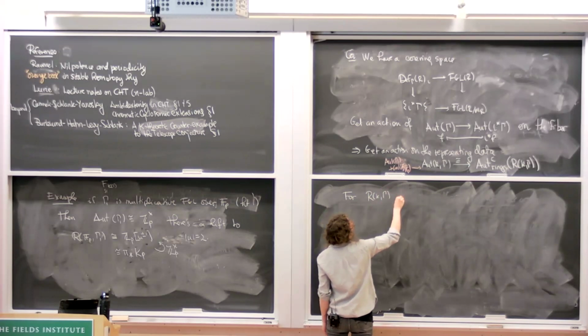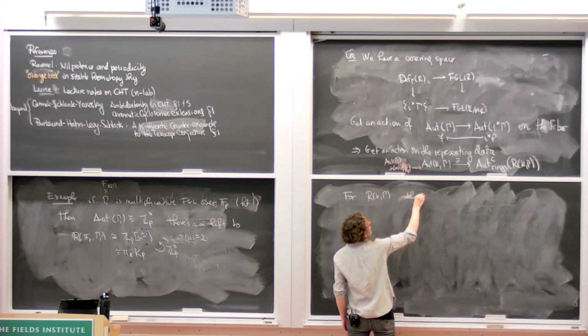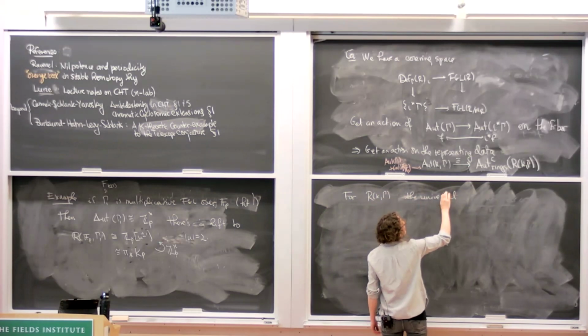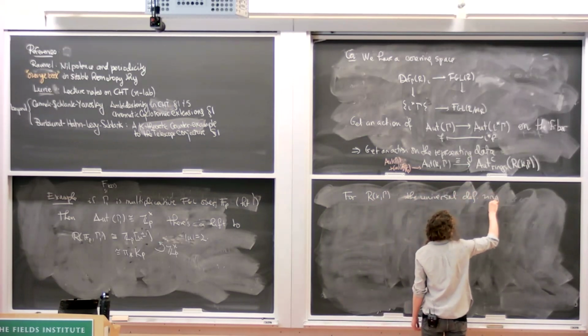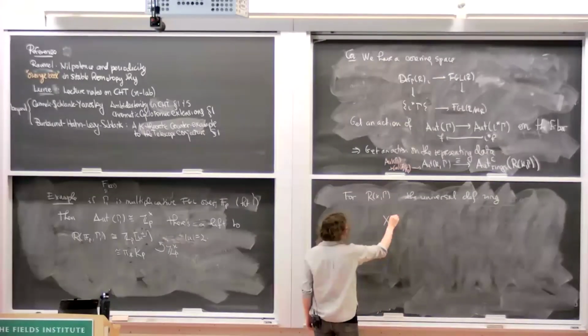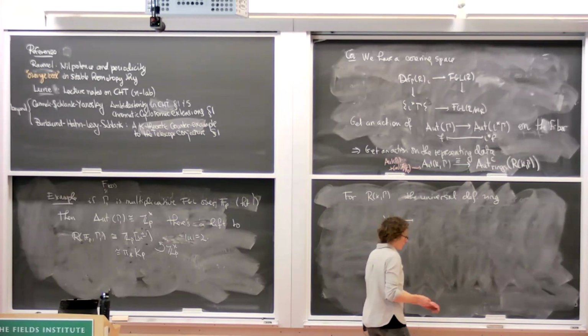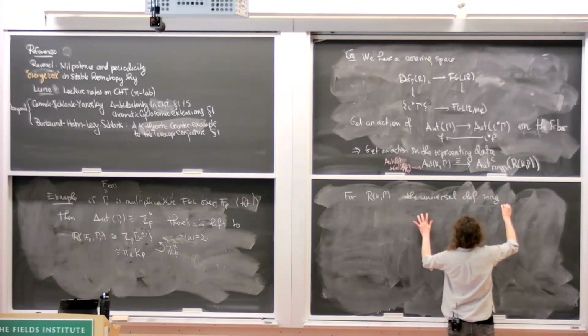So for R_K gamma, the universal deformation ring, I can take X and do the following thing. Let me say one more thing first.